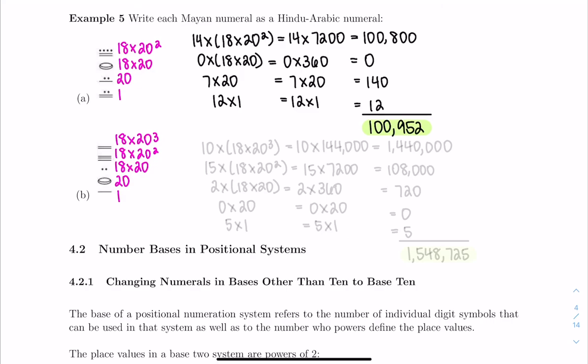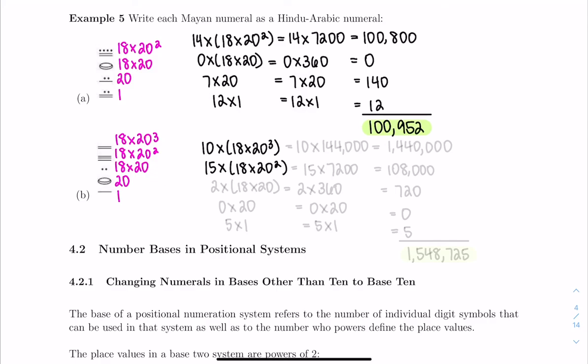And so starting at the top, we have two lines, which is 10. And that's 10 times 18 times 20 cubed. The next one down is three lines, and that's 15 times 18 times 20 squared.